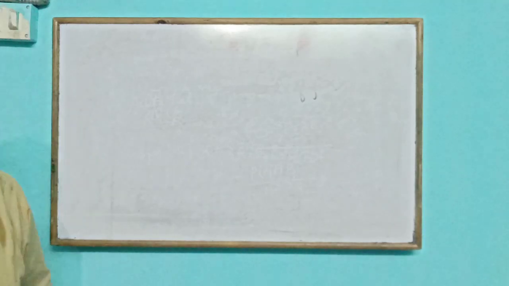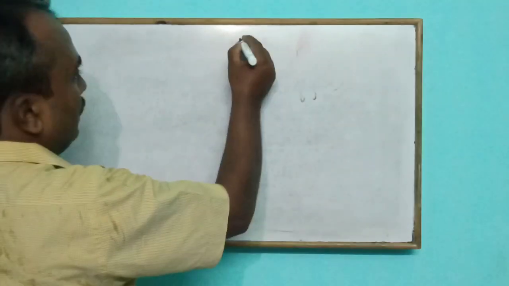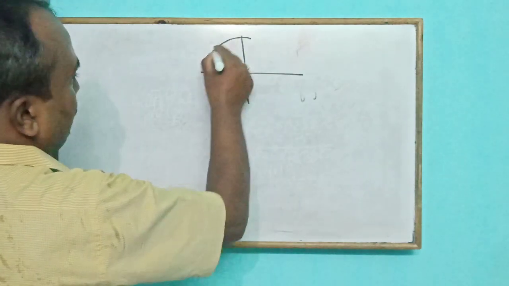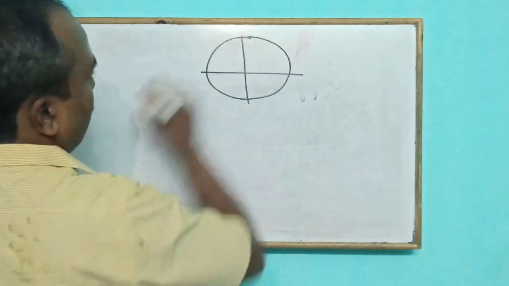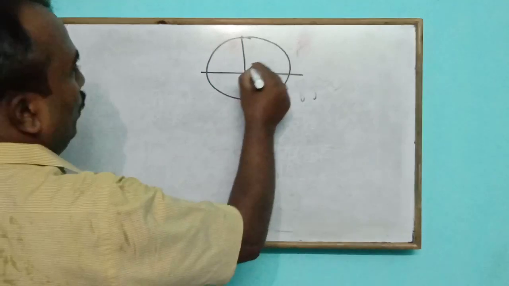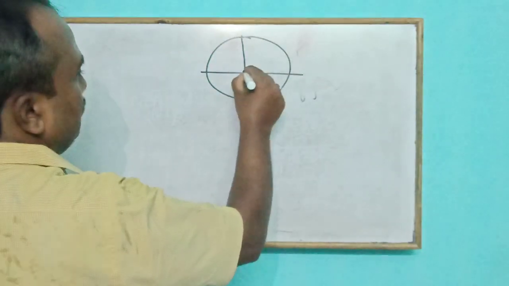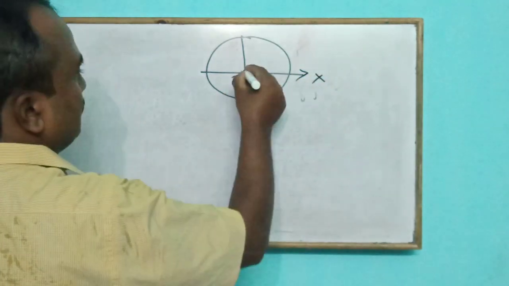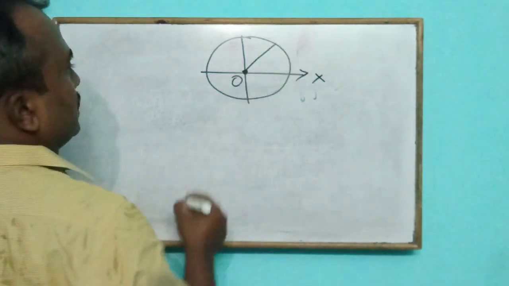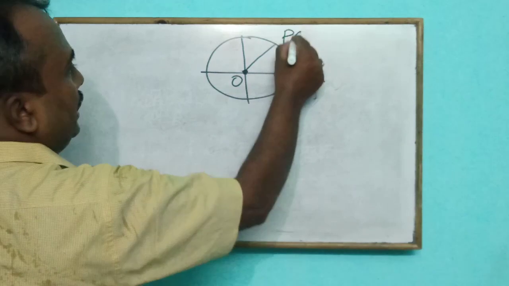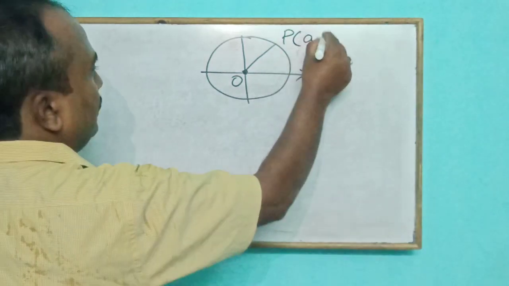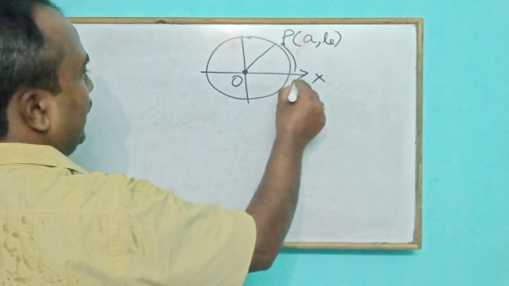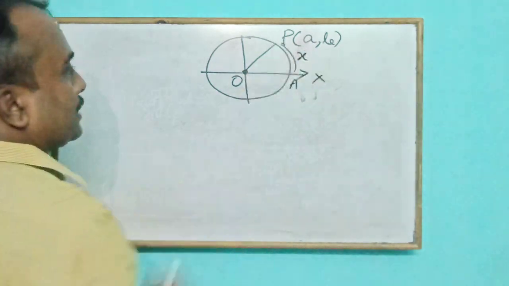For that, let us consider a circle. Now, this is the origin. This is x-axis. Suppose this point P is (a, b) and the length of this arc AP is x.